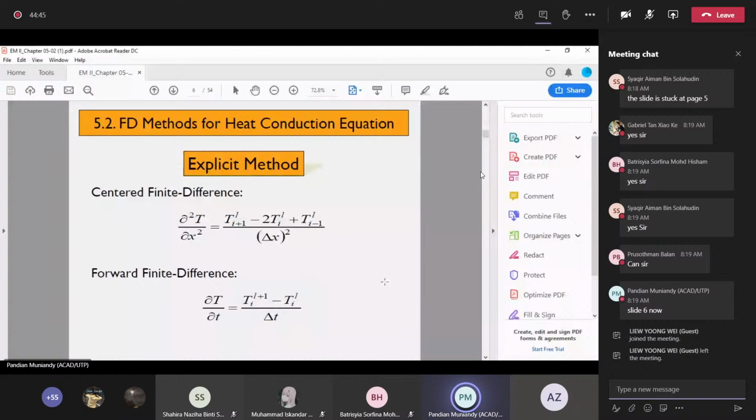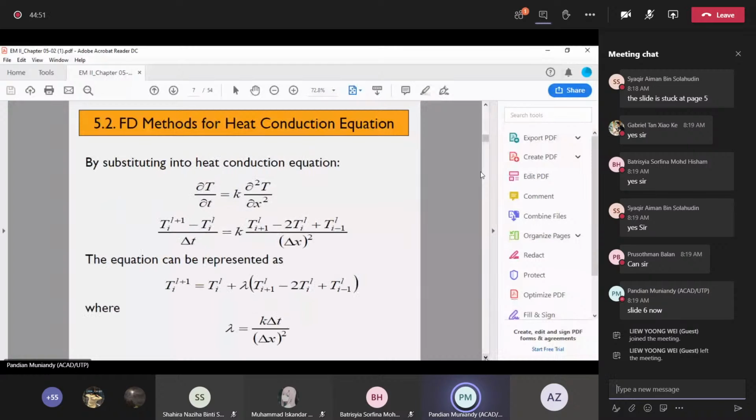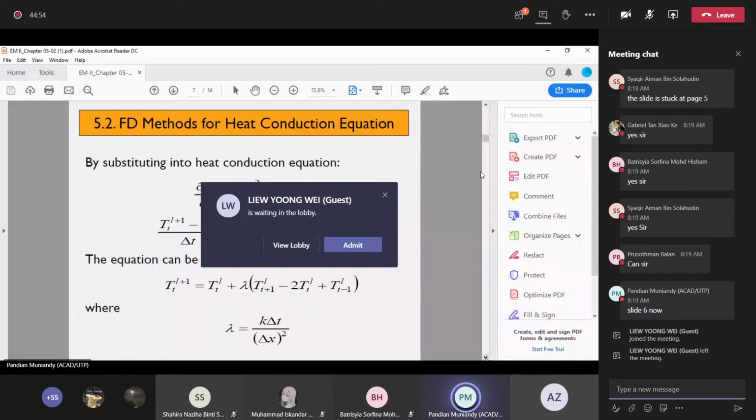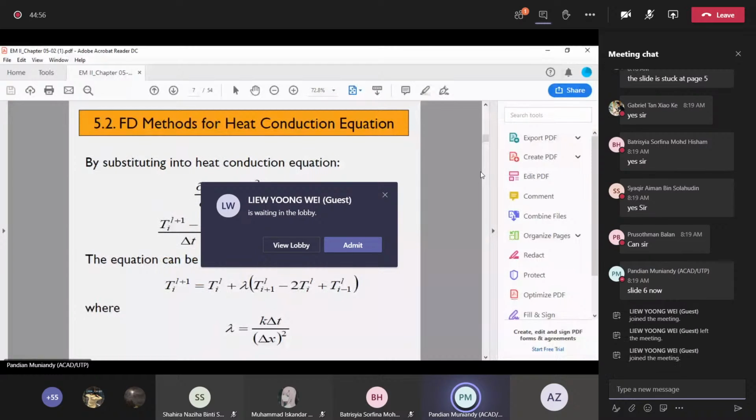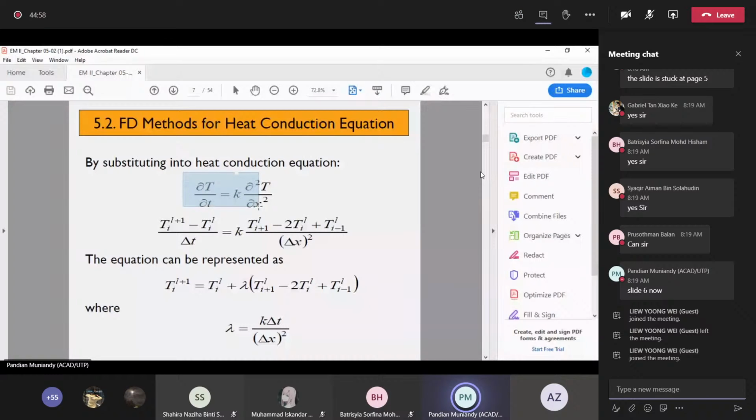Once you have written down these two equations, now we move on to solving this equation. This equation can be solved analytically, but that you have to study under numerical analysis.